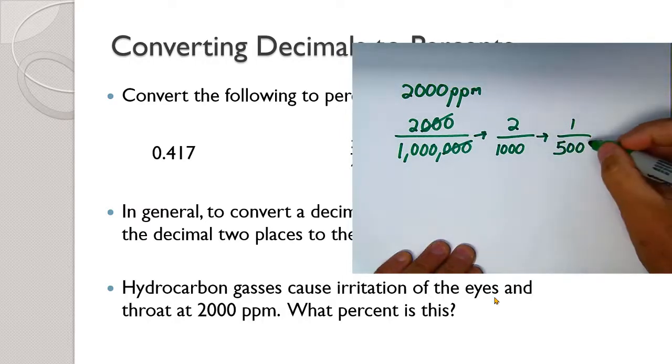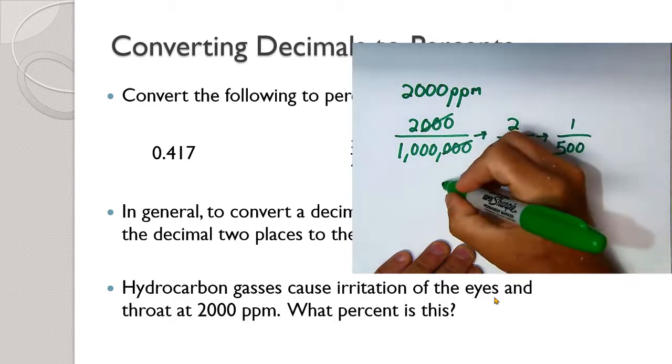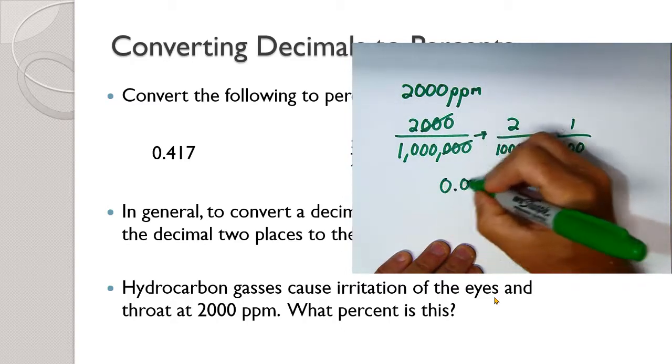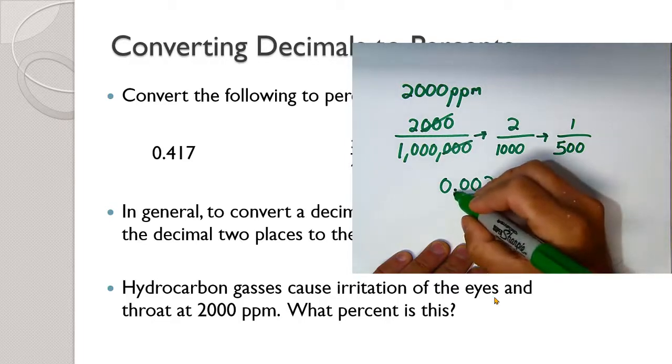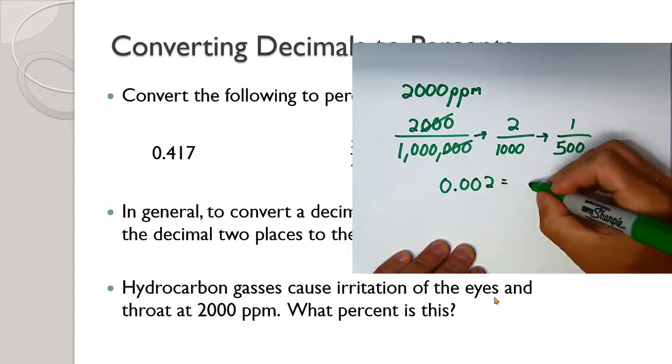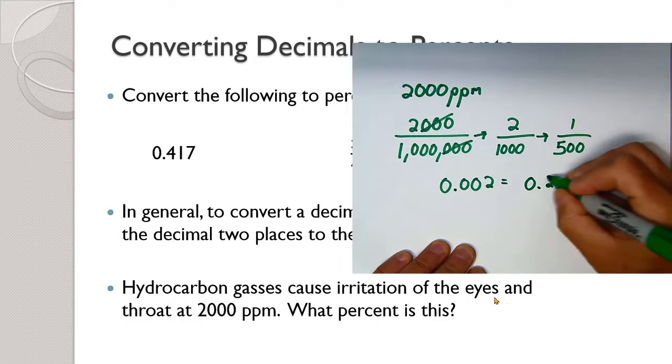Now, the decimal equivalent of that, 2 out of 1,000, that's 2 thousandths, that's 0.002. The question we were asked is, what percent is that? Well, 0.002, if we turn that into a percent, is 0.2%.